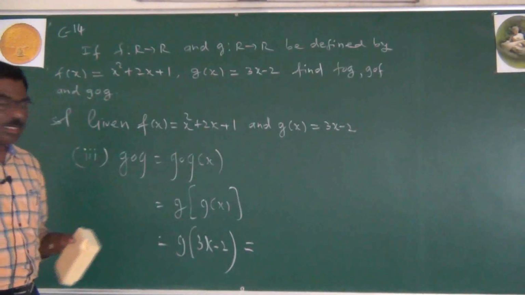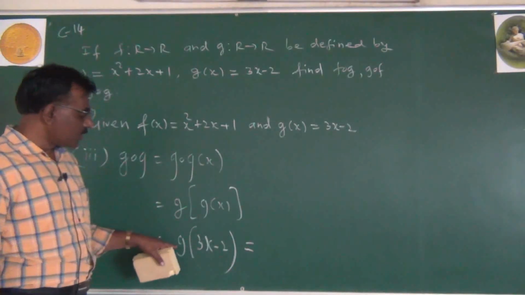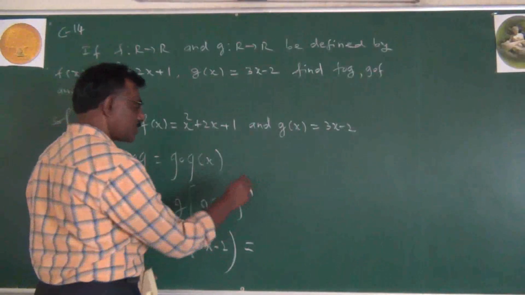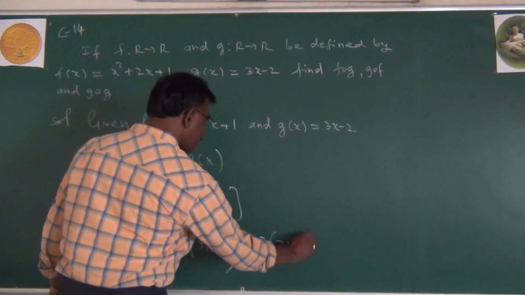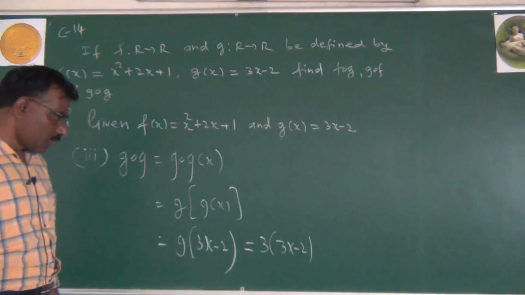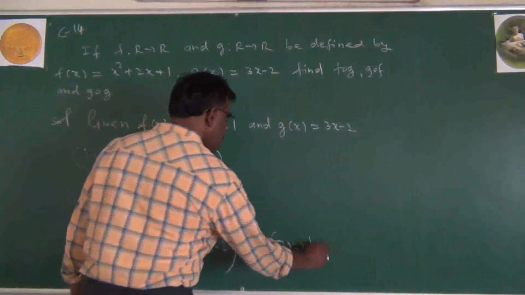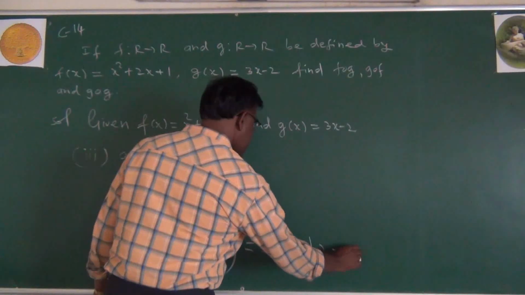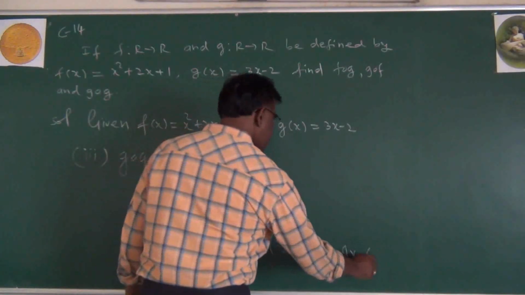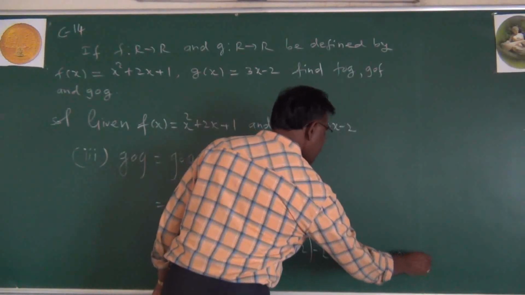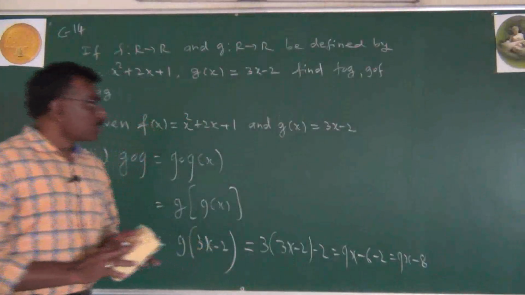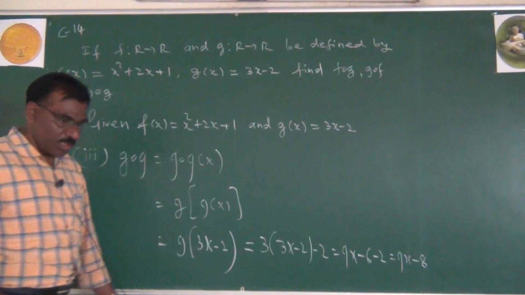So g of 3x minus 2: wherever x is there, 3 into (3x minus 2) minus 2. 9x minus 6 minus 2. So 9x minus 8.